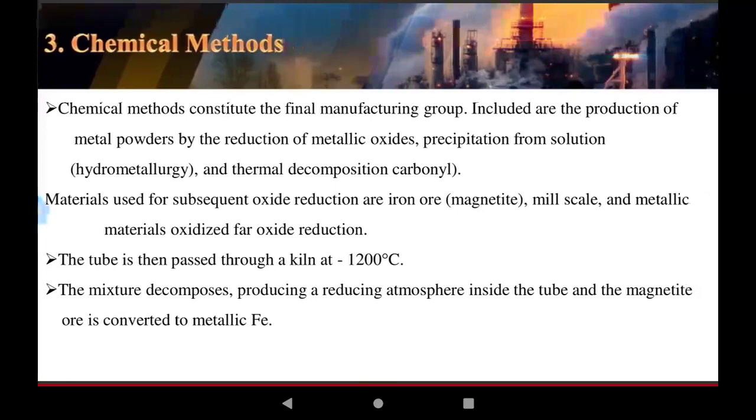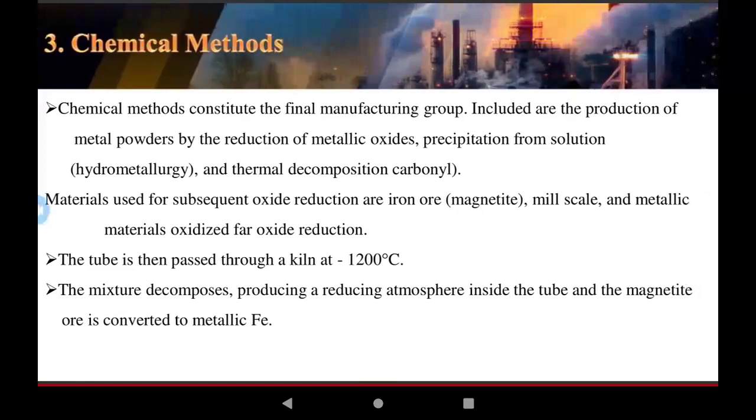The material is used for subsequent oxide reduction, in iron or magnetic form, and the metallic material is obtained by oxide reduction.